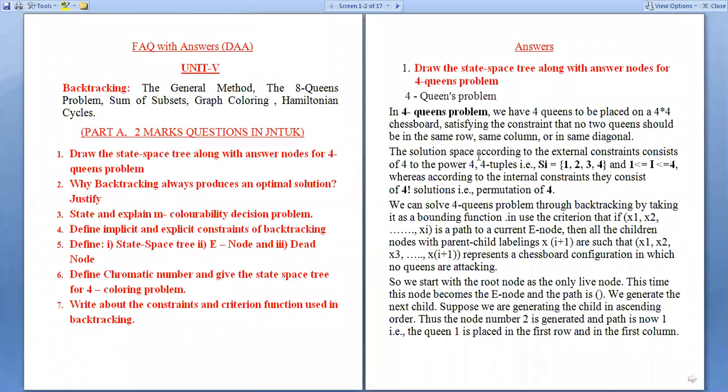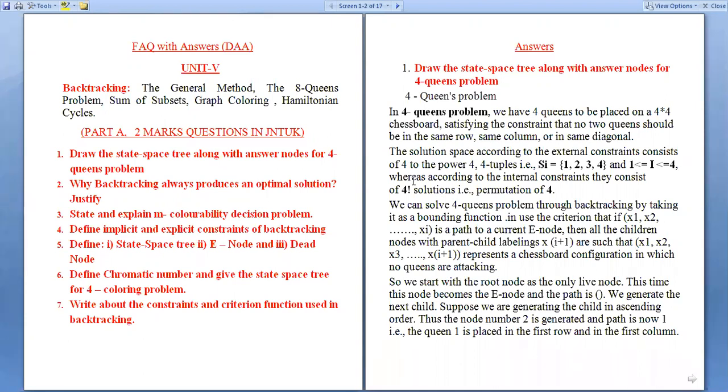So the solution space, according to the external constraints, consists of 4 to the power of 4 tuples, that is, Si is the set with 1, 2, 3, 4, and the value of i is between 1 and 4.